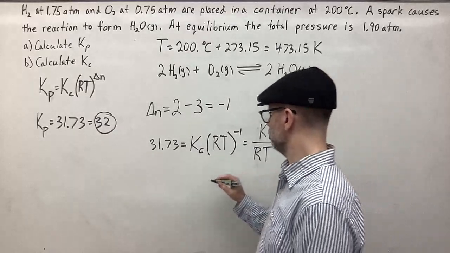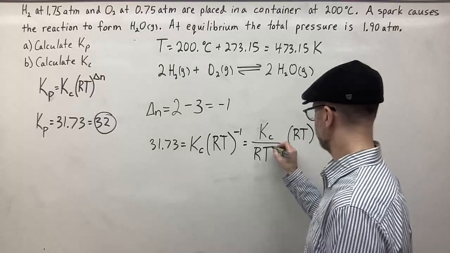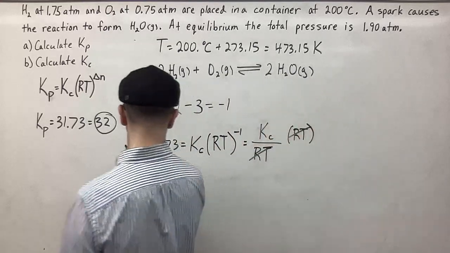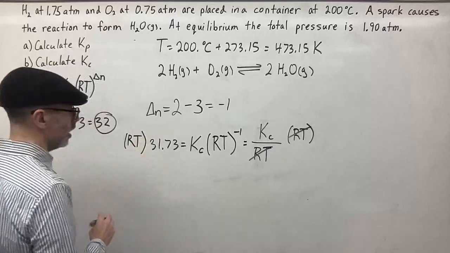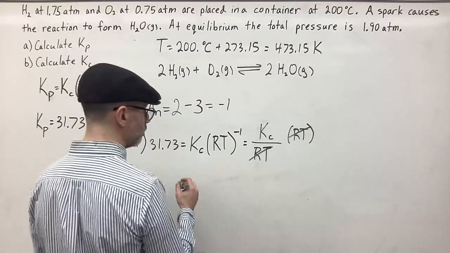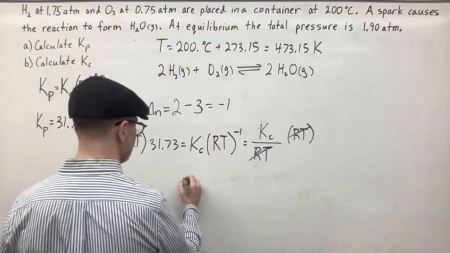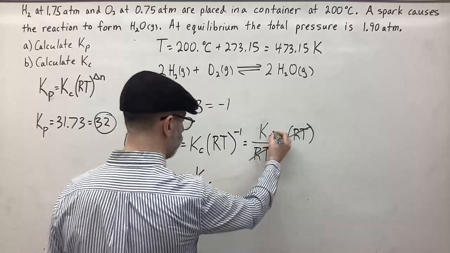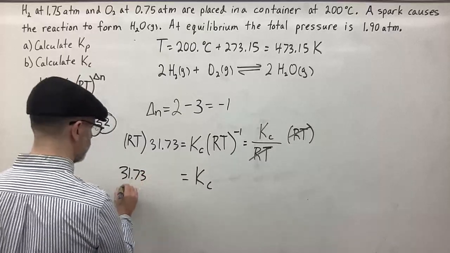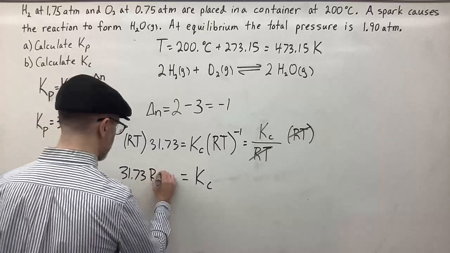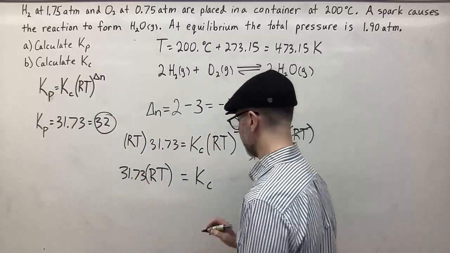So now, if we multiply both sides by RT, that'll cancel out. And then we multiply this by RT, right? So now this is equal to this. So now KC over here is equal to 31.73, which is your KP multiplied by RT. So now we can plug in RT like I did before.